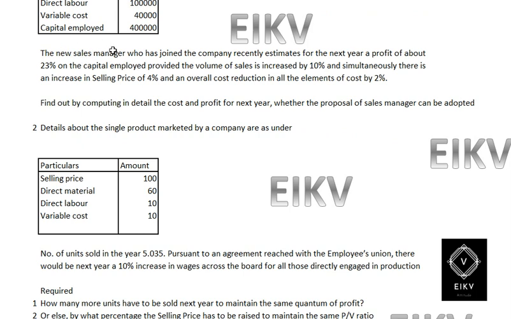The other details are that the new sales manager who has joined the company recently estimated, for the next year, a profit of about 23% of the capital employed, provided the volume of sales is increased by 10% and simultaneously there is an increase in selling price by 4% and an overall cost reduction in all the elements of cost by 2%.